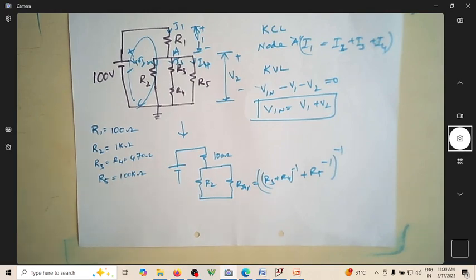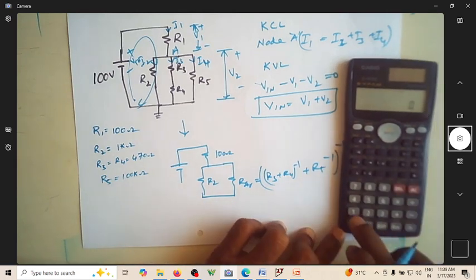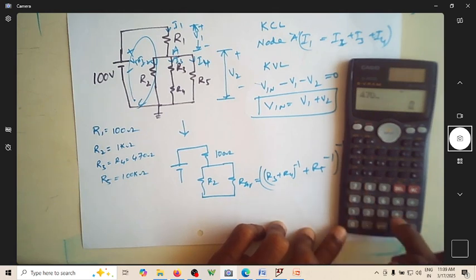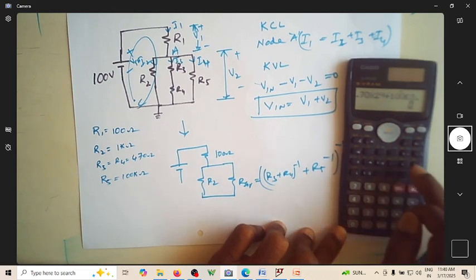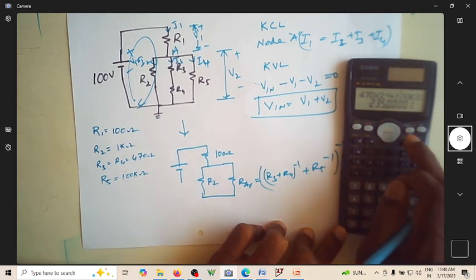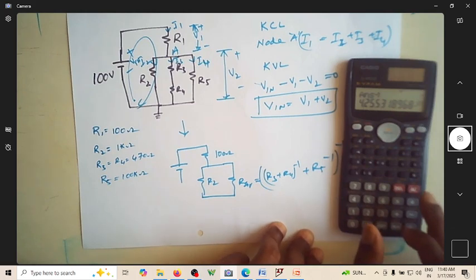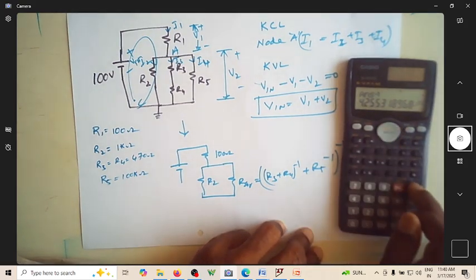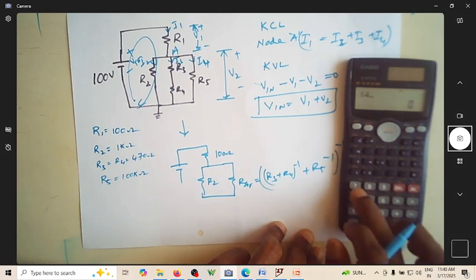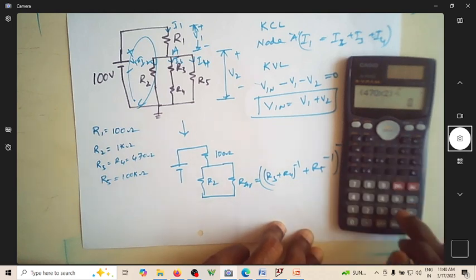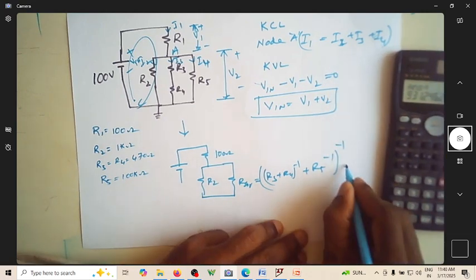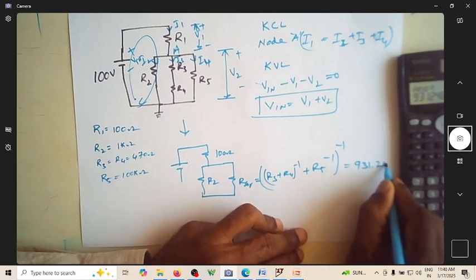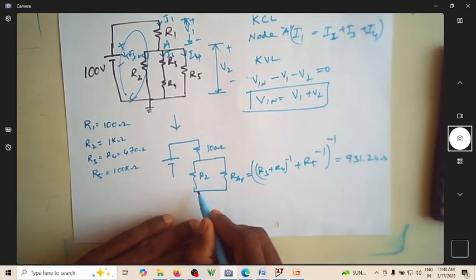R3 and R4 are 470 ohms each, so it is 470 into 2 inverse plus R5, which is 100 times 10 to the power 3, inverse, and the whole inverse of that is 931.24 ohms. So this is the resistance of this R equivalent.